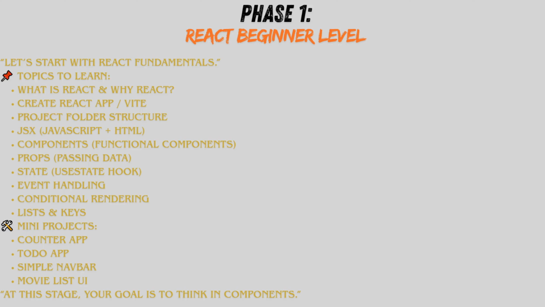Create React app, we will try to create a React app using the Vite tool. This is a JavaScript tool, Vite. By using this, we usually create a React application. All the necessary node modules will be installed in your React application. What is the project folder structure? We will try to understand the folder structure.